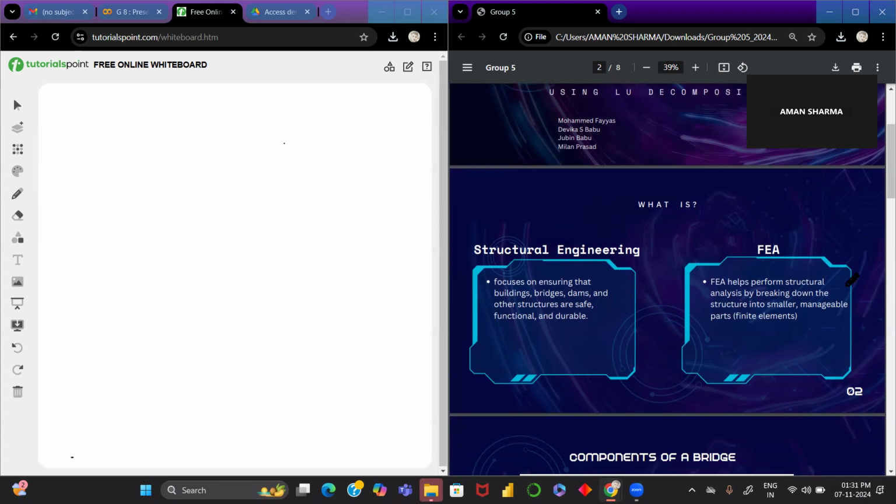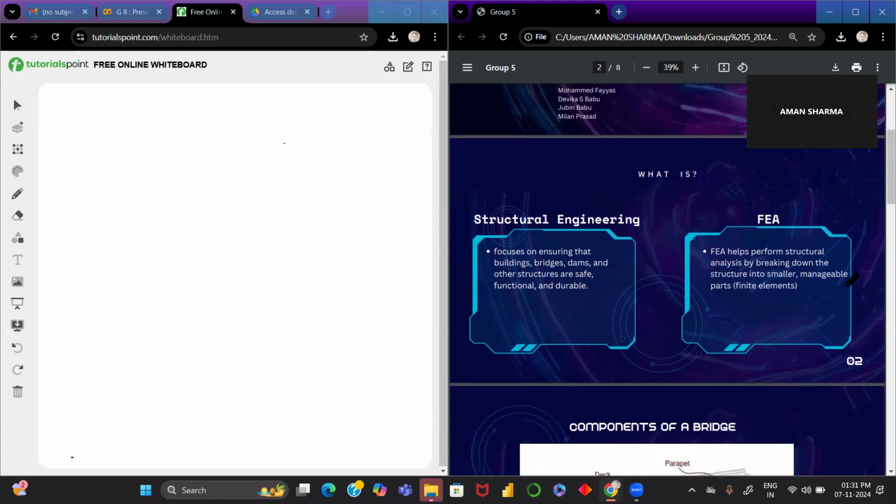And what's FEA? FEA is finite element analysis. It helps perform structural analysis by breaking down the structure into smaller, manageable parts.